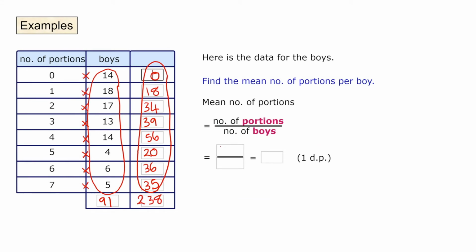So now we can find the mean by finding the total number of portions divided by the total number of boys, and that should give you a mean of 2.61538462, which rounded to 1 decimal place would be 2.6. And finding the mean is as easy as that.